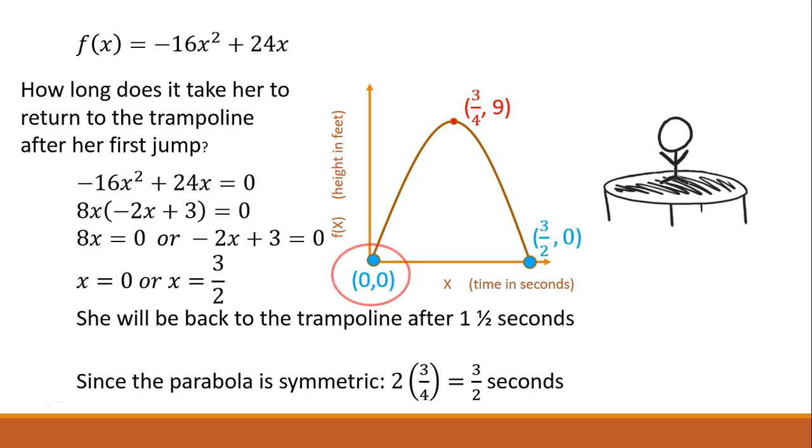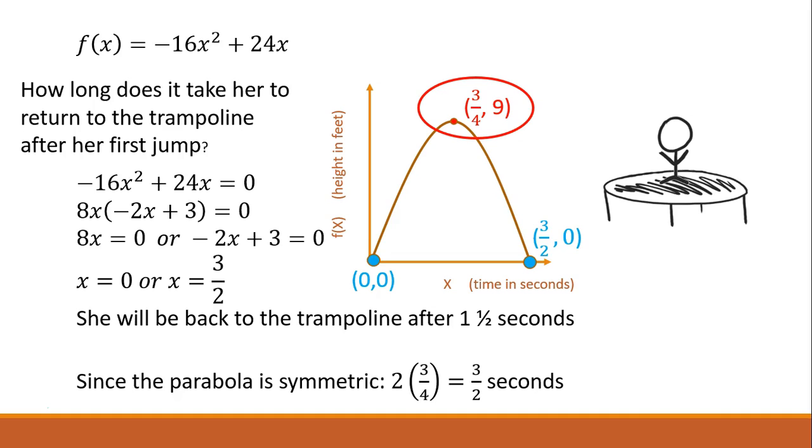Now, before we leave this problem, let's think again about what's really going on. At this first point, (0, 0), no time has passed, and she has no height. She is standing on the trampoline. At this point, 3/4 of a second has passed, and she's 9 feet above the trampoline. That's her maximum height.